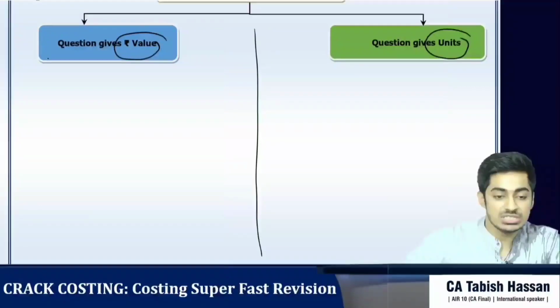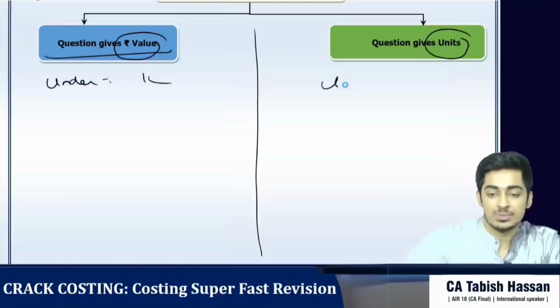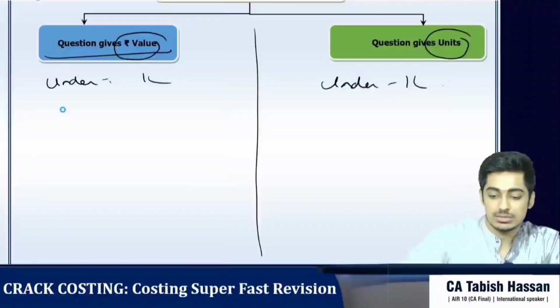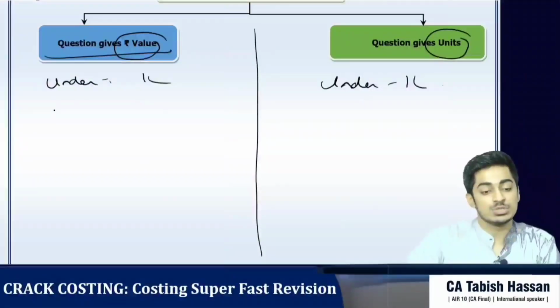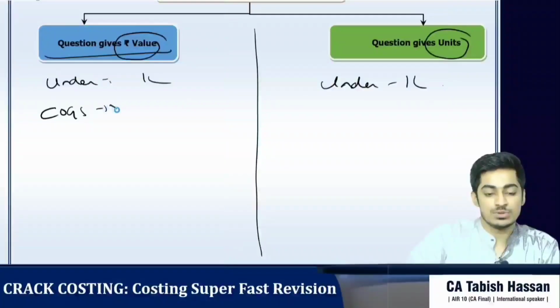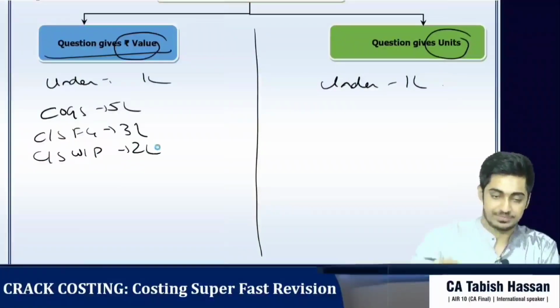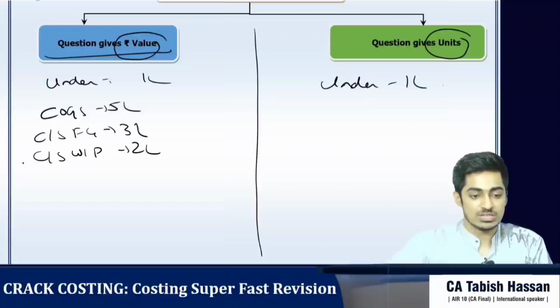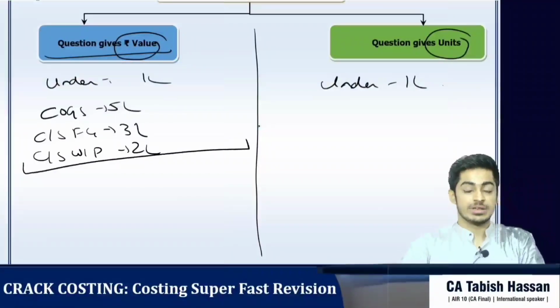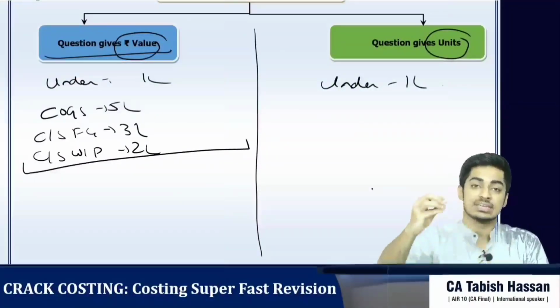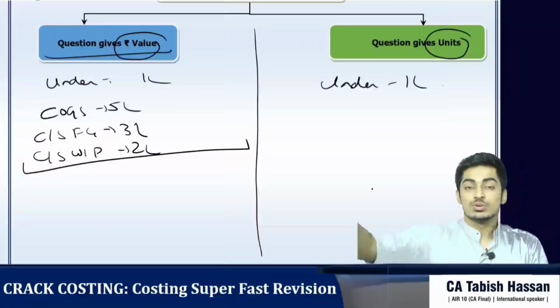Suppose the question gives us the rupee value. We know that the under absorption is 1 lakh. Suppose the question tells us the cost of goods sold is 5 lakh, the closing stock of finished goods is 3 lakh, and the closing stock of work in progress is 2 lakh. So based on this, we will have to get the supplementary overhead rate and charge the under absorption to the products.